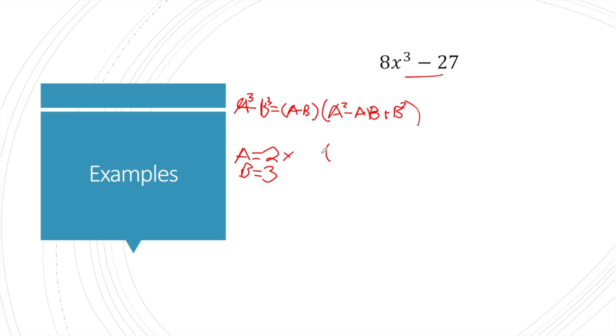I've got 2x minus 3 times 2x squared, that'll be 4x squared, plus 2x times 3, that's 6x, plus 3 squared, which is 9. The rule for this is if the first factor has a minus, then the middle term is a plus.